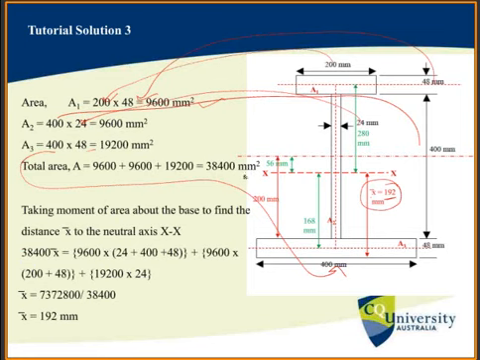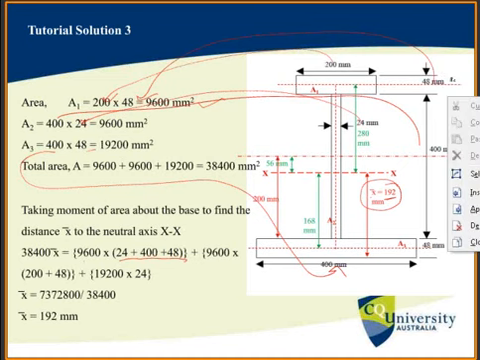Total area 38400 multiplied by x bar equals A1, that is 9600 into 24,448. How to count this value? Just look. How about this area?